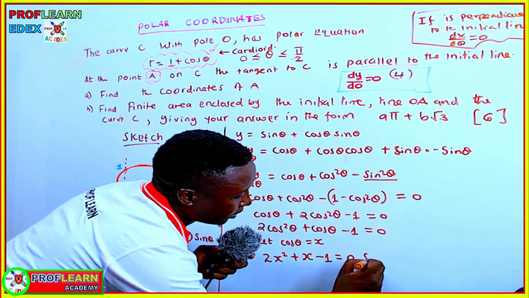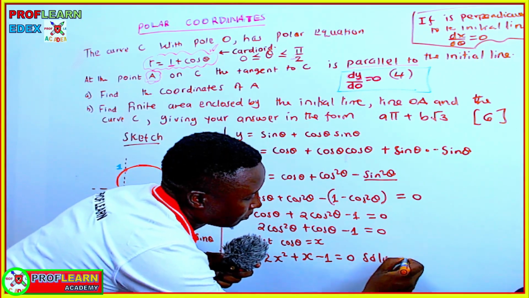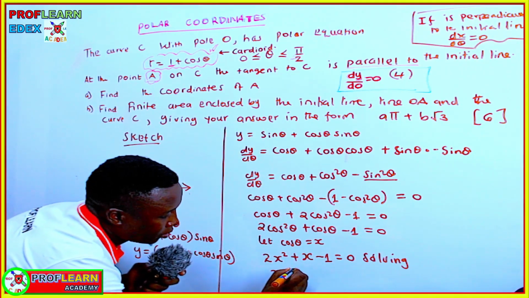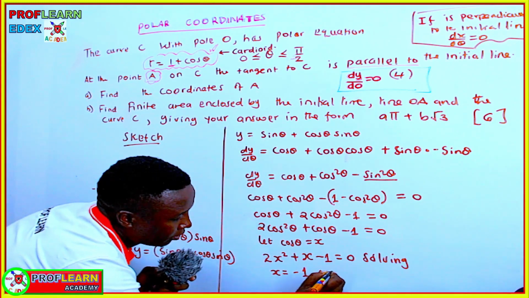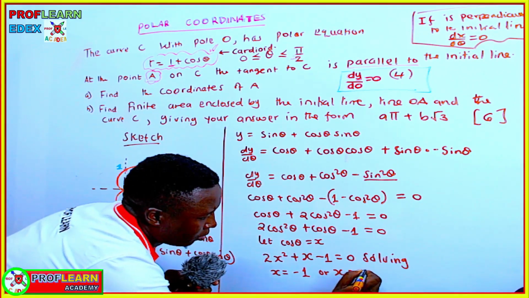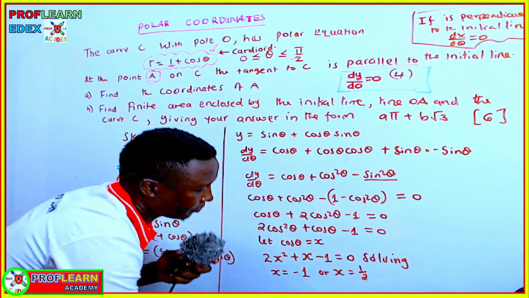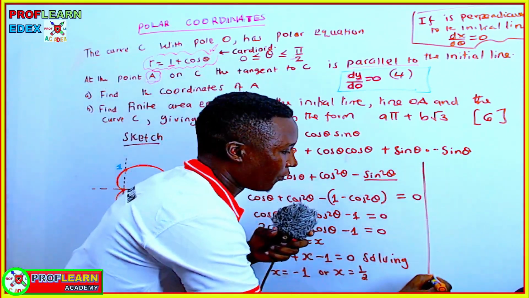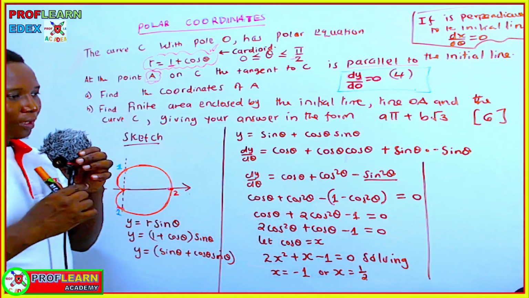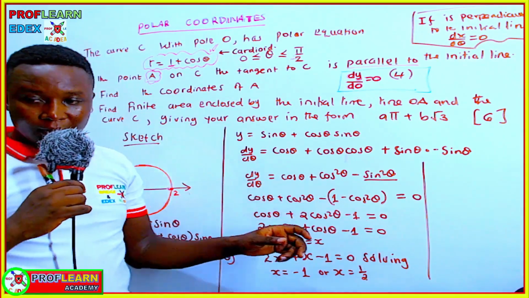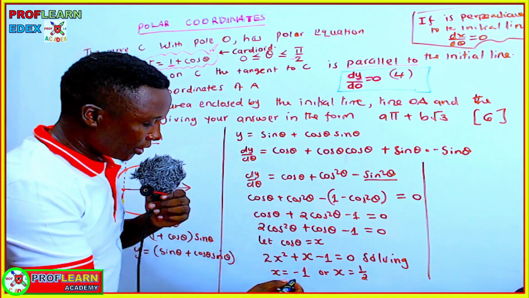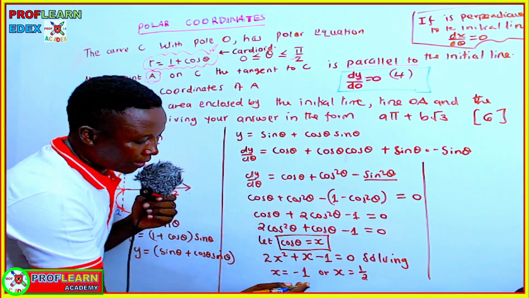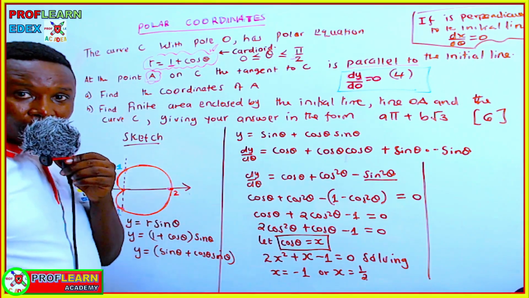Solving the quadratic, you get x equals minus 1 or x equals 1 over 2. Once we have that, we can find the values of theta, because we said let cos theta be equal to x.